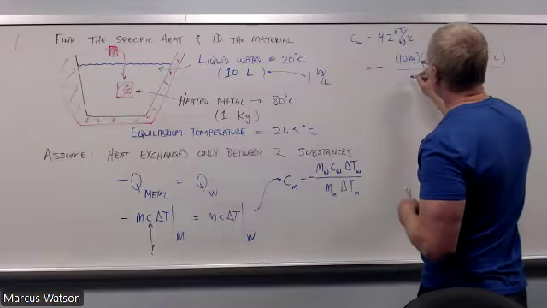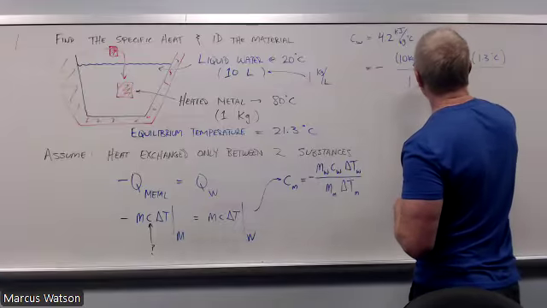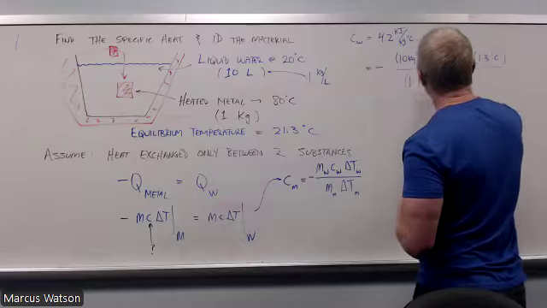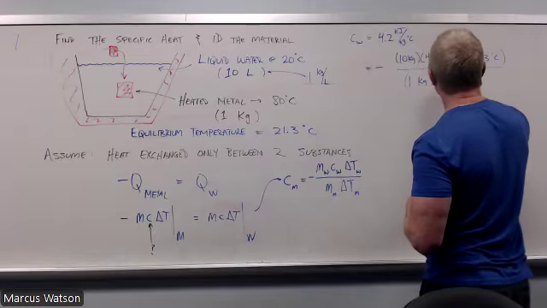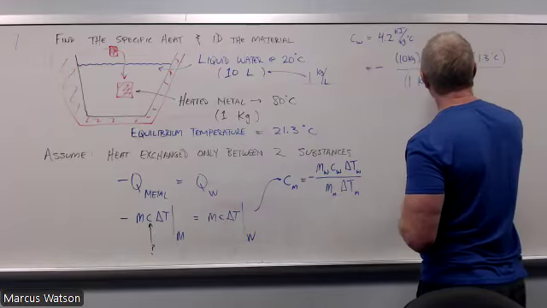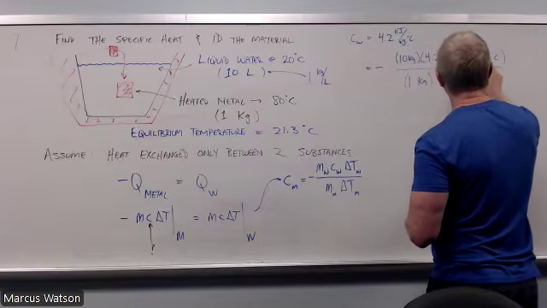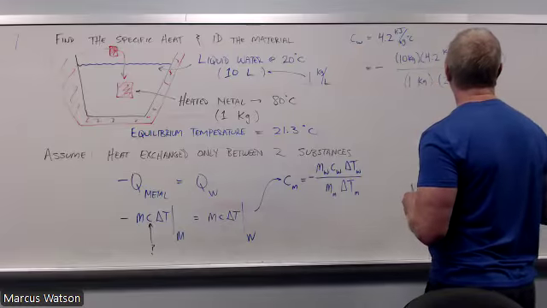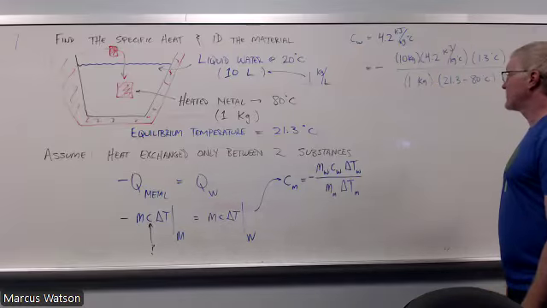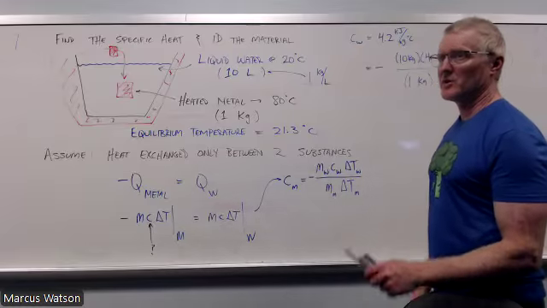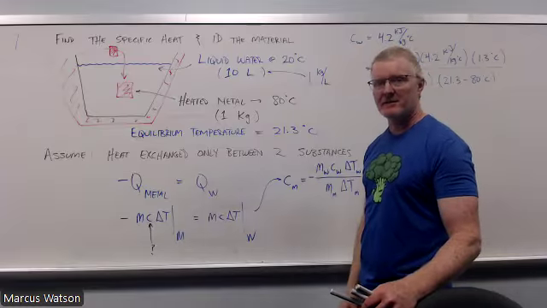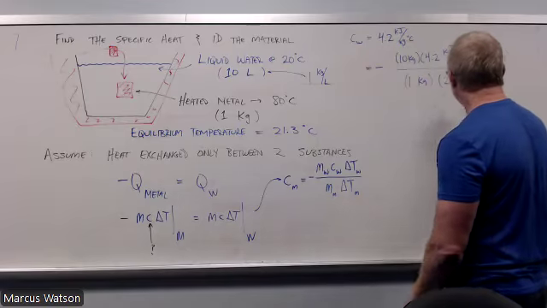I'm going to find that the mass of the metal is 1 kilogram, and the temperature change is negative, well, it'd be 21.3 minus 80 centigrades. So that's 1.3 less than 60, so 58.7. This would be negative 58.7.